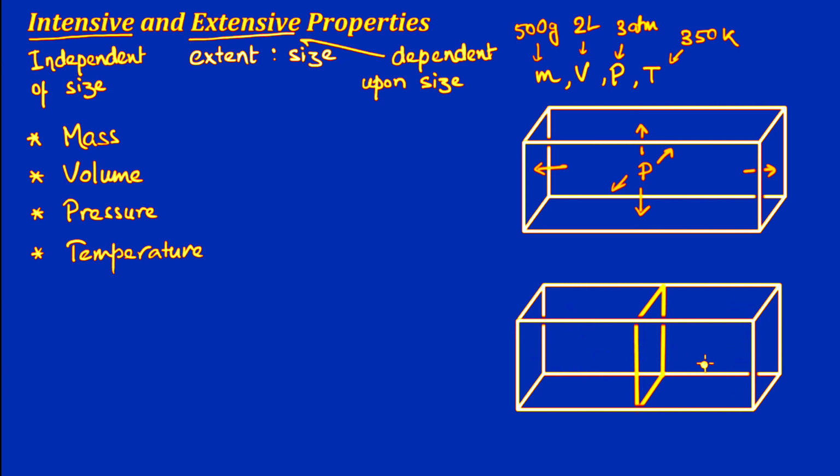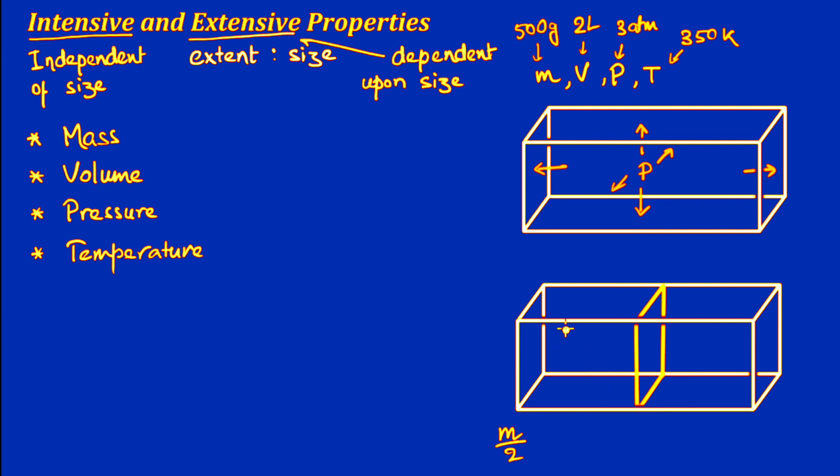We have split one sample into 2 equal parts, and now the mass is not going to be m. It's going to be m upon 2. That means the mass of sample A was 500 grams, and now it's going to be 250 grams as per sample number 2.